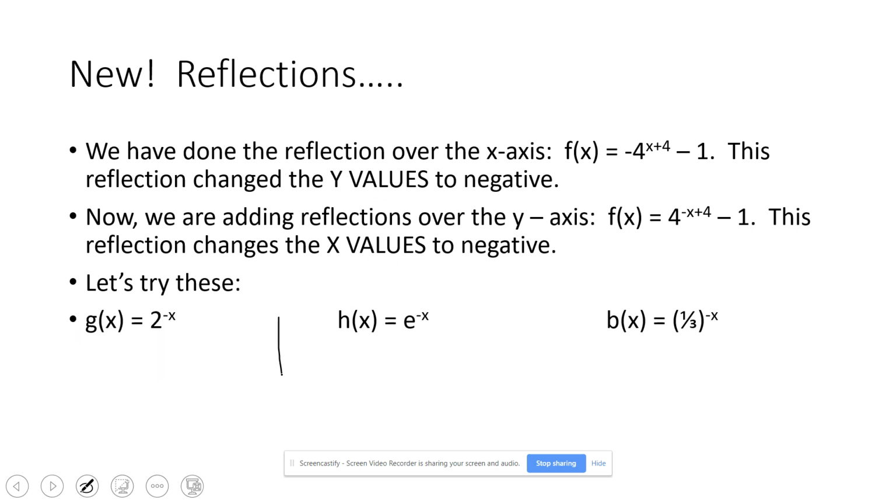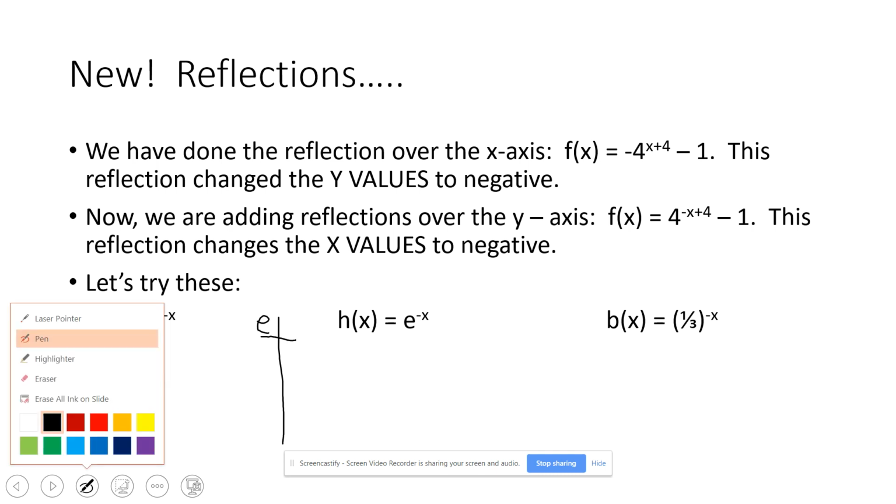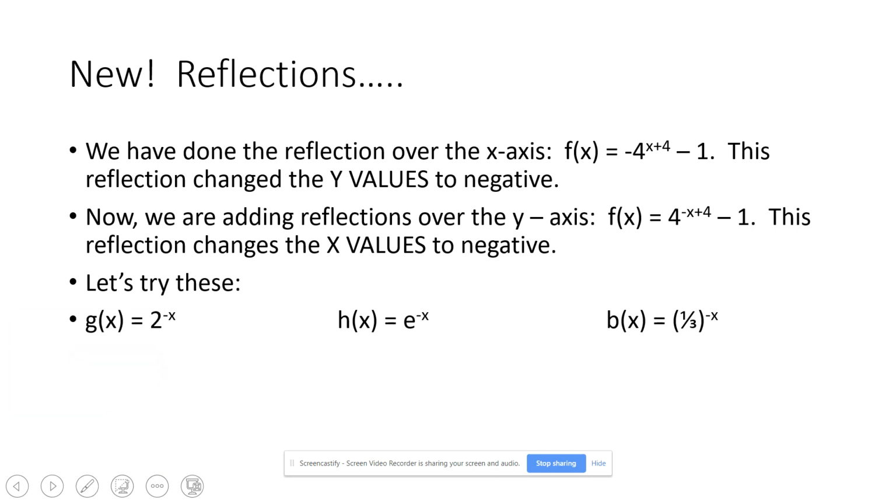The parent function for negative x, positive x, I'm going to get 0 and 1. When x is 0, y is 1, because anything to the 0 power is 1.